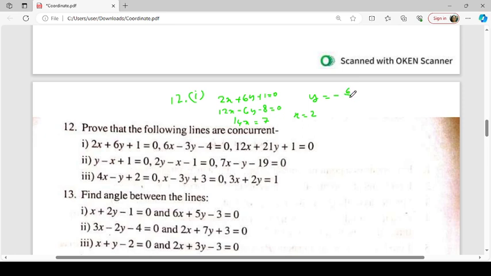Minus 6 by 5. So the point of intersection of the first two lines is 2, minus 6 by 5. Let us see whether it will satisfy the third or not.